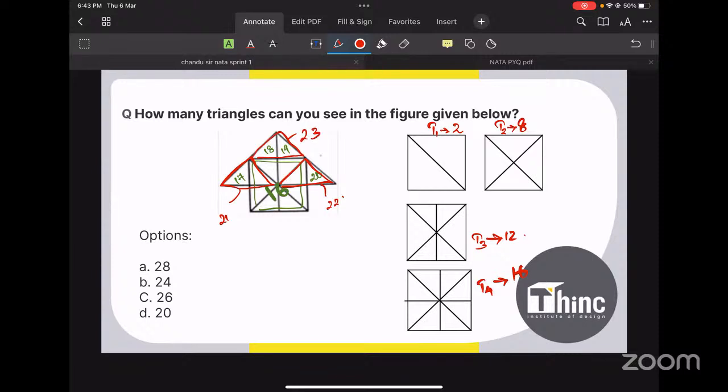There are a few more 2-component triangles that we usually forget. This is one among them. 25. Sorry, 24. We had just reached 23 only. 24. 25. Okay.